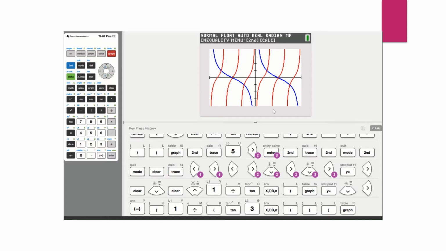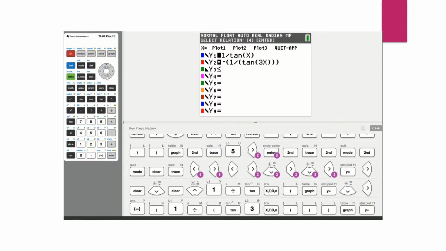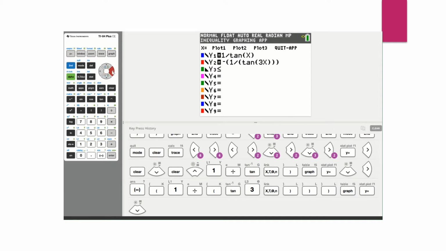Now, let's look at what the next one was, which was y equals 3 times the cotangent of x over 2. So I'm going to leave our basic parent cotangent function in place. I'm just going to change this y2. And now we've got 3 times the cotangent.